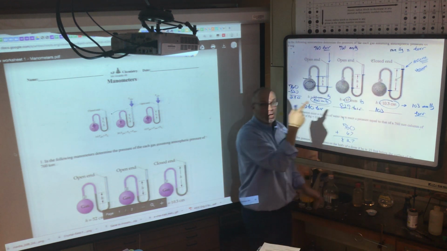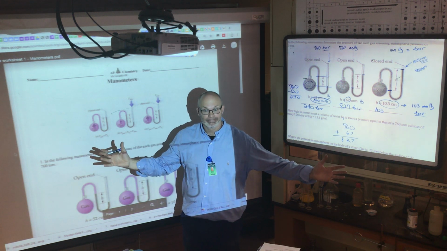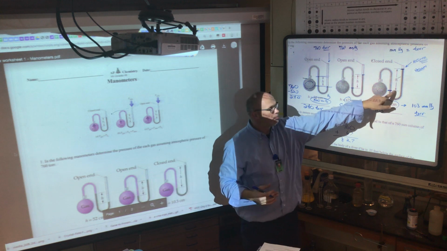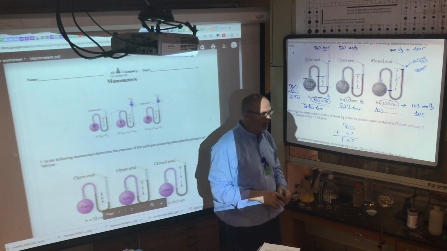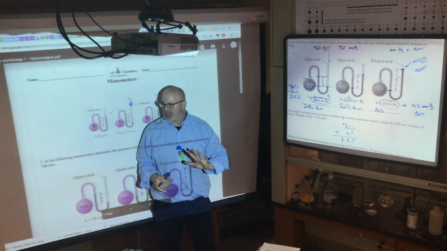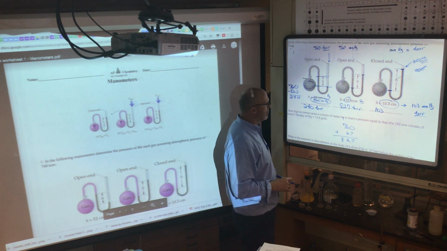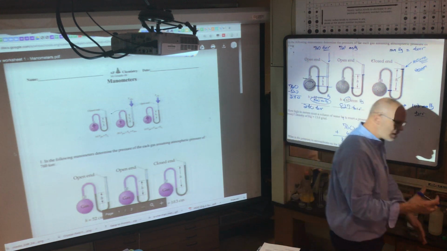A closed-end manometer is a barometer. That's what essentially Torricelli made to measure his problem. Okay? So these are very simple. The point of the manometer is to be able to see them in other problems. Okay? And that's part of your homework, to do the word problems, to see the manometer.